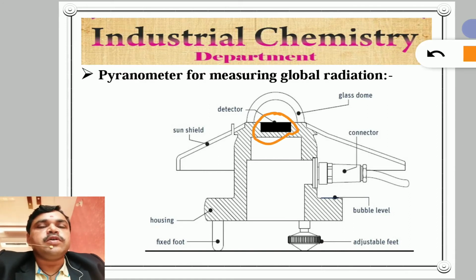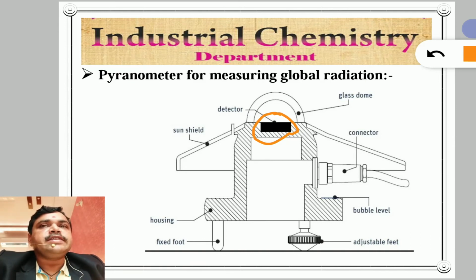The hot junctions of the thermopile are connected to the black surface while the cold junctions are in a place where no radiation is coming.